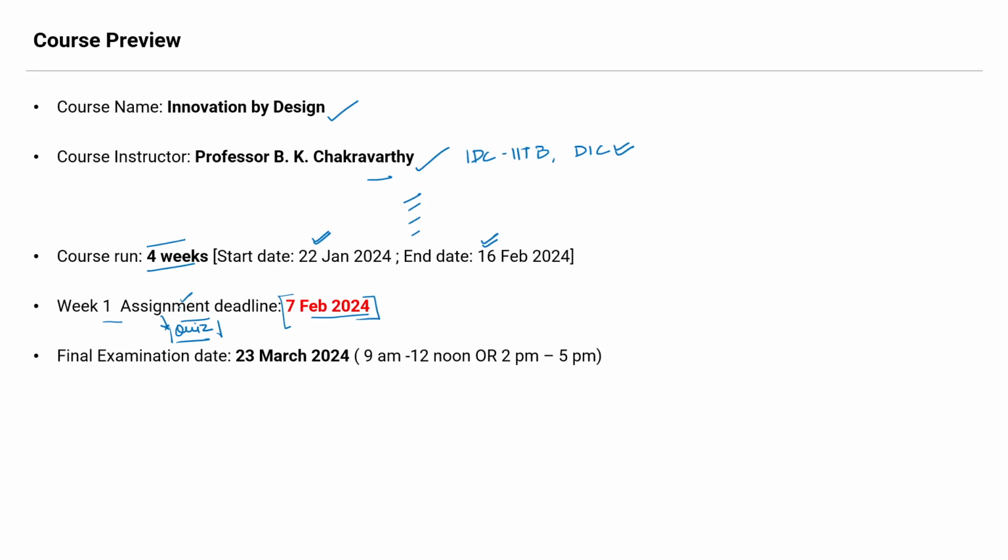The deadline for week 1 is 7th Feb, so before that you have to submit it. It is especially important for those who are doing it for credit concerns or for getting a certificate from NPTEL. So from that perspective, you need to be watchful of these assignment dates, right?